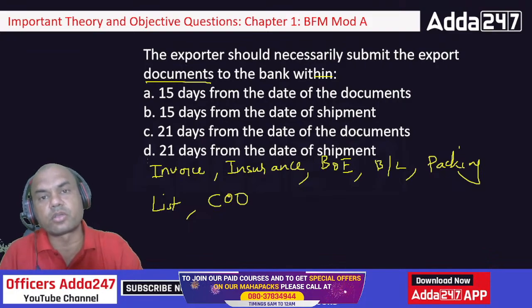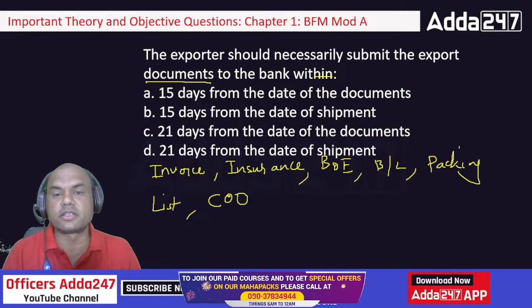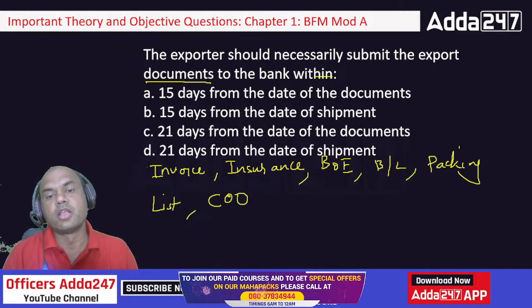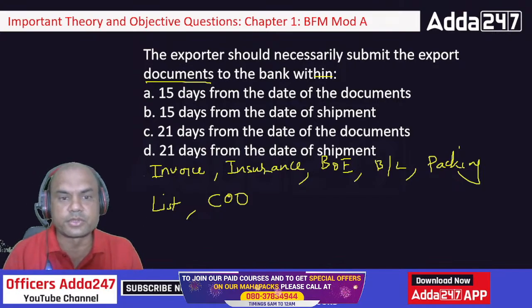So these 6 documents should be there whenever an exporter does an export. These 6 documents are submitted to the bank after doing the exports.